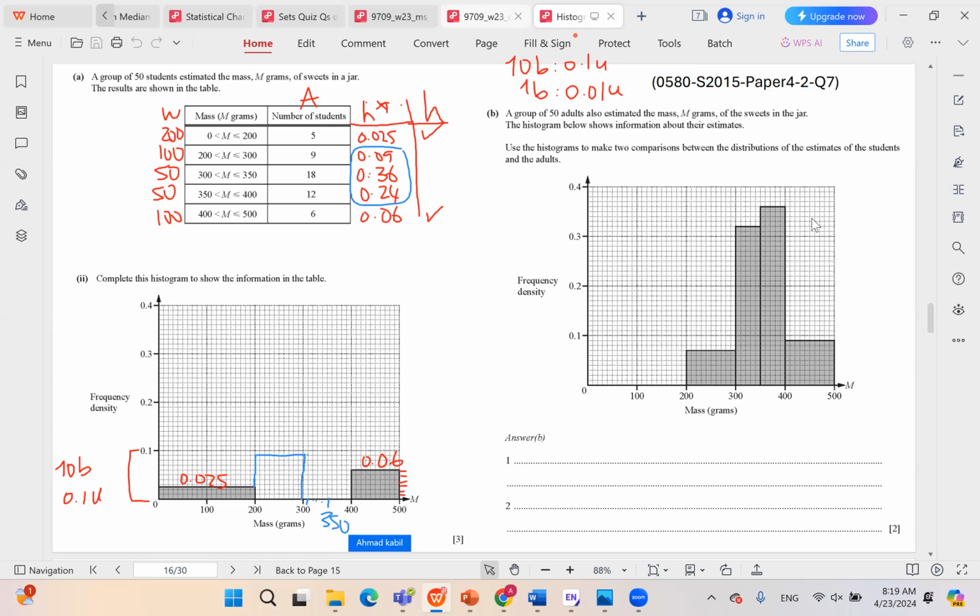And it rises up to a height of 0.36. So where is 0.36? It's above the 0.3. And we want 6 boxes above the 0.3 because one box is 0.01. So 0.36 will be 1, 2, 3, 4, 5, 6. So this here is 0.36. So we want to rise up to a height of 0.36.